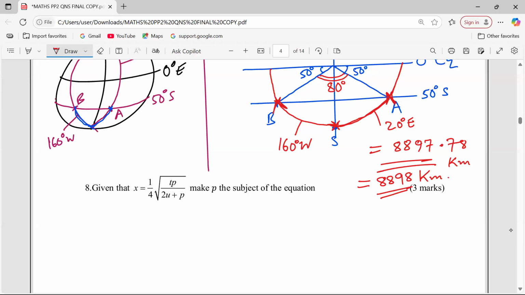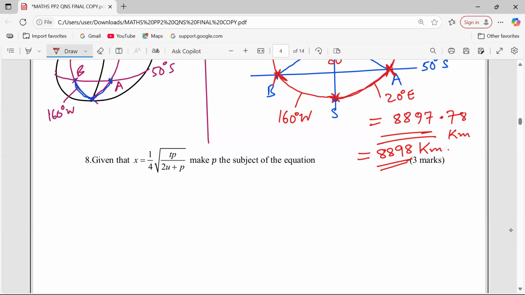Given that x equals a quarter times the square root of tp divided by 2u plus p, make p the subject in this formula. The first thing I will do is to do away with the constant by multiplying by 4 both sides. So that this becomes 4x. This becomes the square root of tp out of 2u plus p, that way.